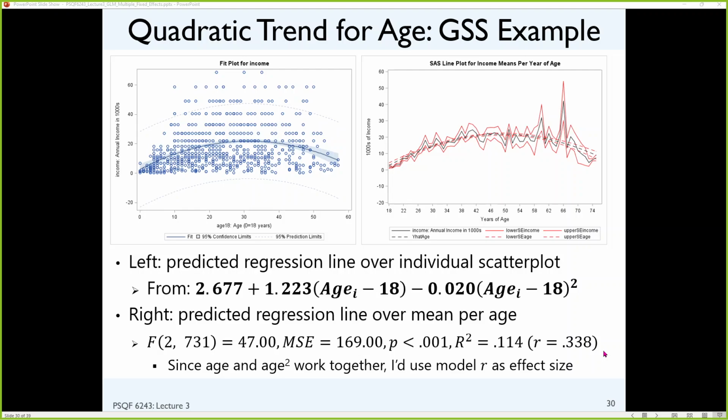Y hat is what the model says income should be. So if I use this equation right here, and I build myself a Y for each person in the data set, and I take that predicted Y column called Y hat, and I correlate it with the real Y, that's R. You square that correlation and you get R squared. So R squared tells you how related the predicted outcome is to the real one.